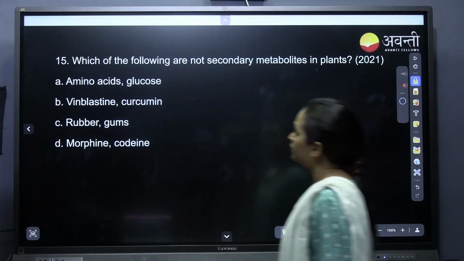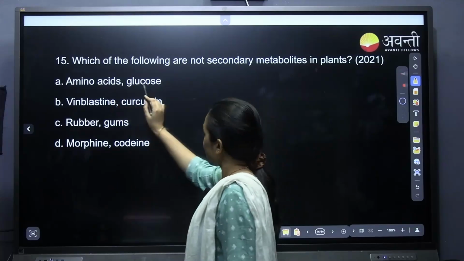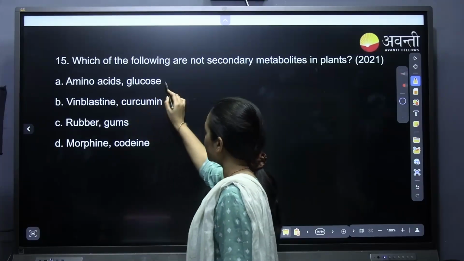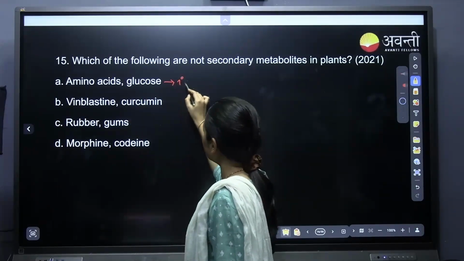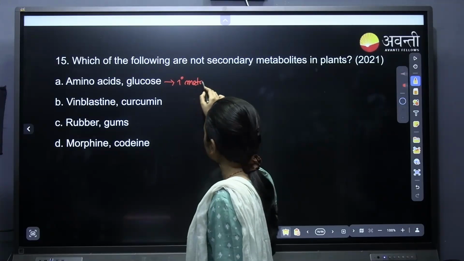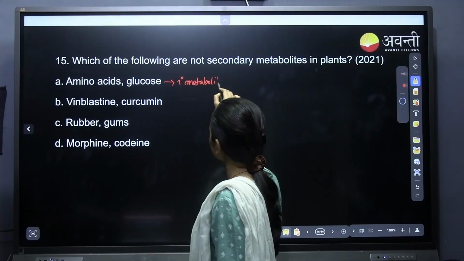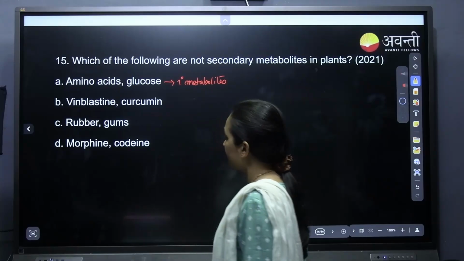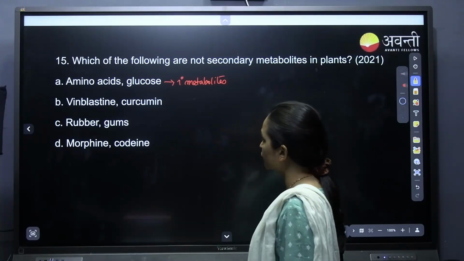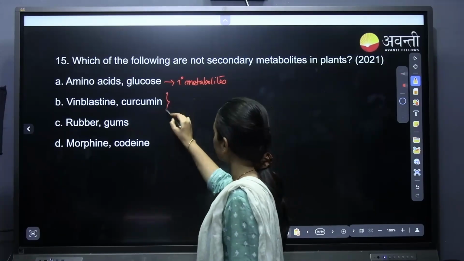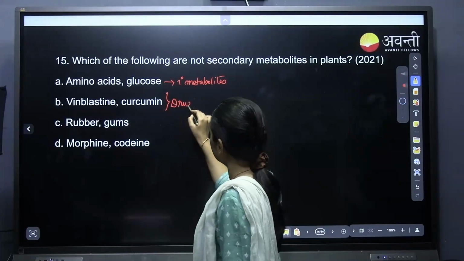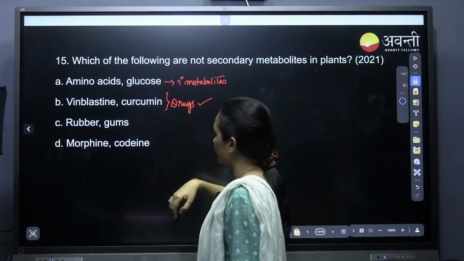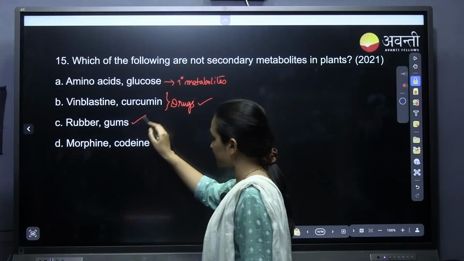Which of the following is not a secondary metabolite? Glucosamine is an amino acid and glucose; actually, these are primary metabolites. Vinblastine, vincristine, curcumin are drugs and secondary metabolites. Rubber and gums, yes, secondary metabolites.